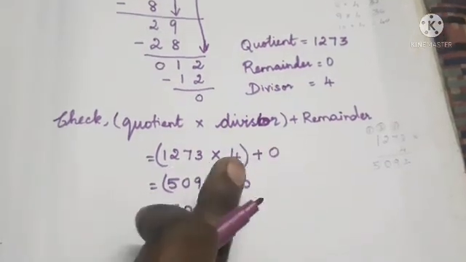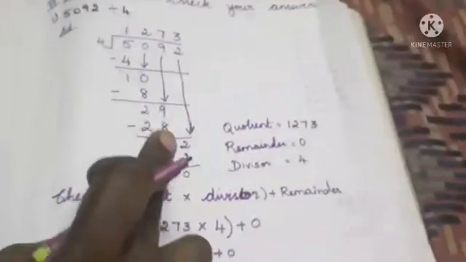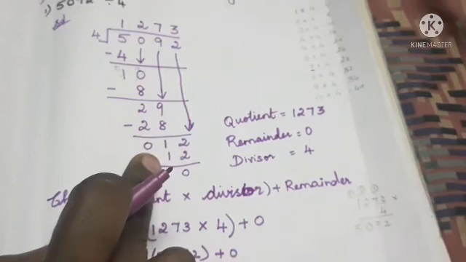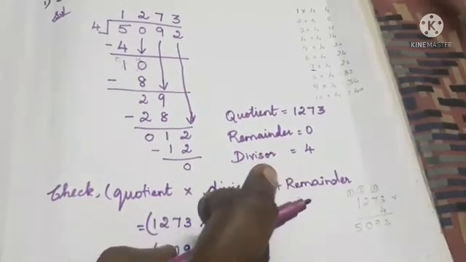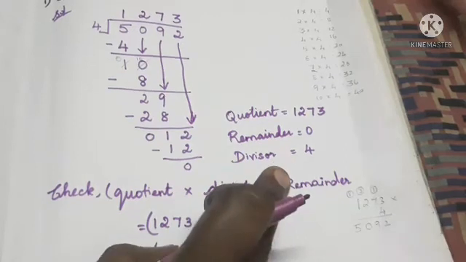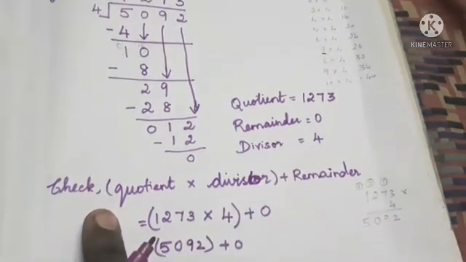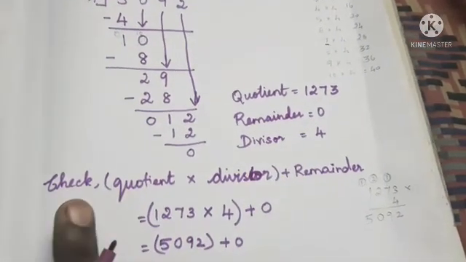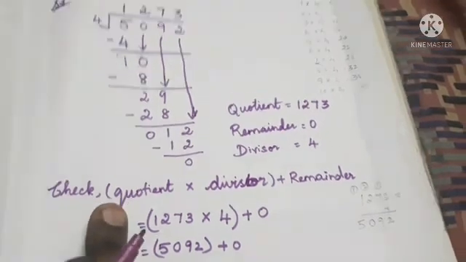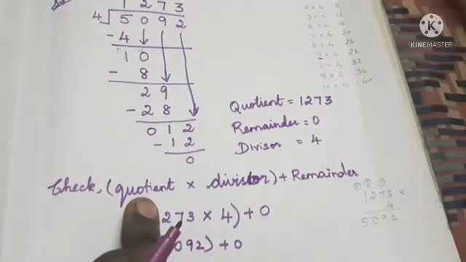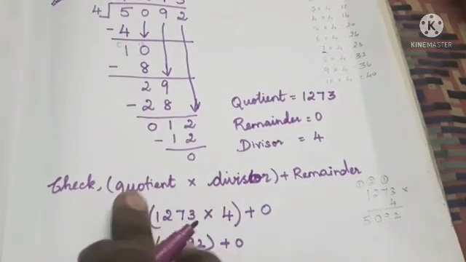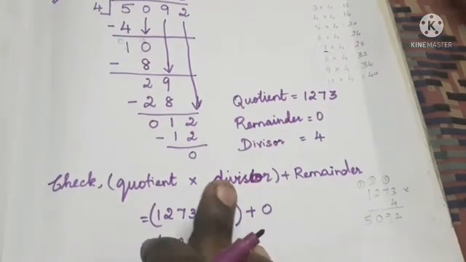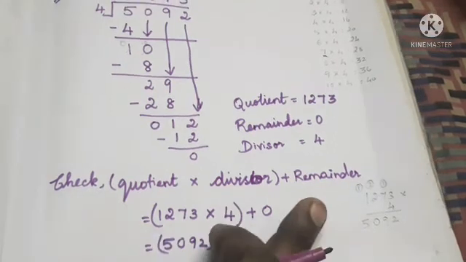Okay. So first we have to do the division problem in the usual manner. Then we have to write the quotient value, remainder value and divisor at the side. Next we can check. Second process is to check. So you have to write check. Then in the bracket we want to write the formula, quotient into divisor, it must be written inside the bracket, then plus remainder.